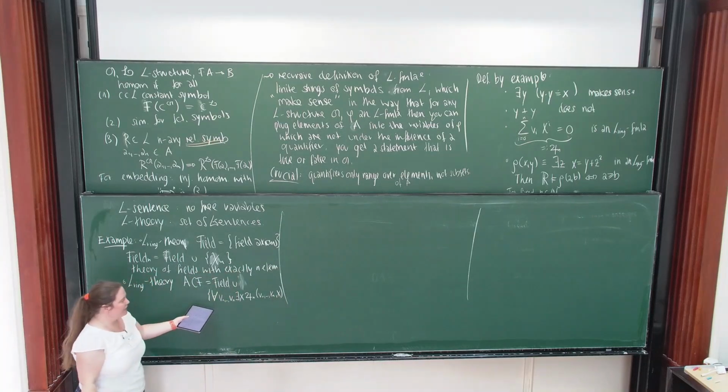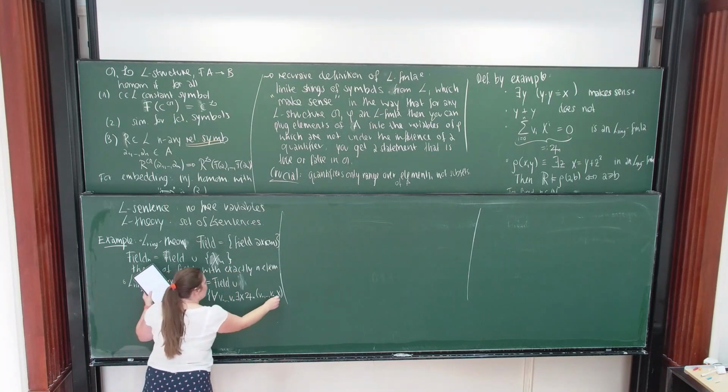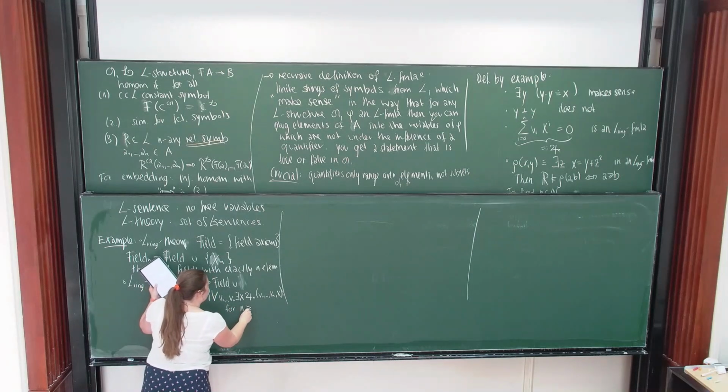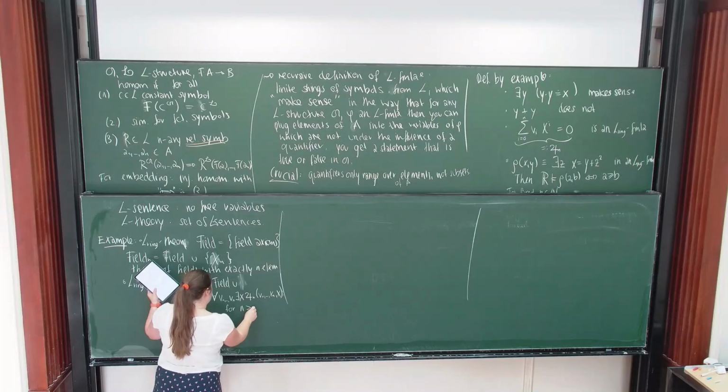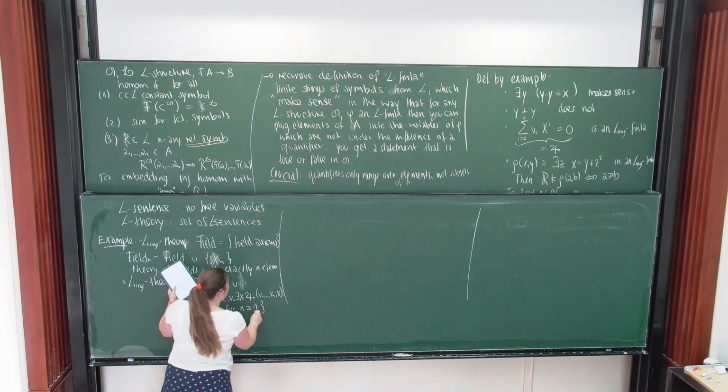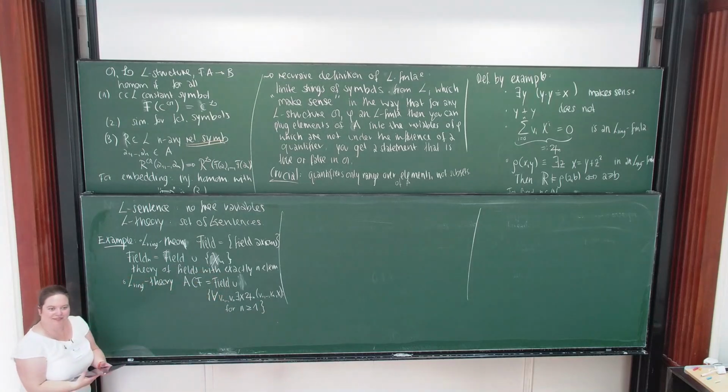And I need one axiom of this kind for every n. What do I need? Greater or equal to 1, maybe. Counting at the board is not so easy, even if it's just to 1.